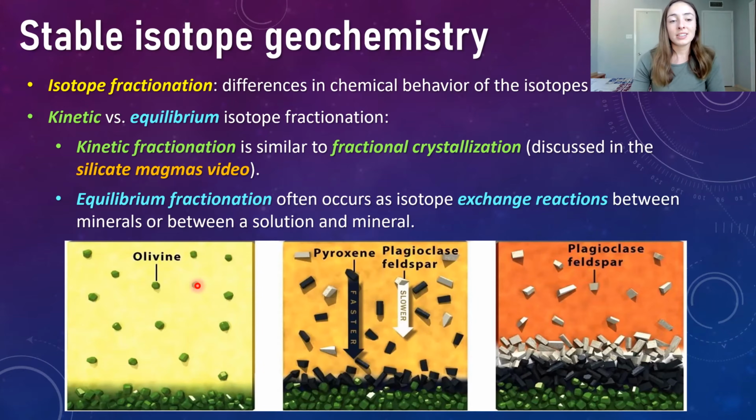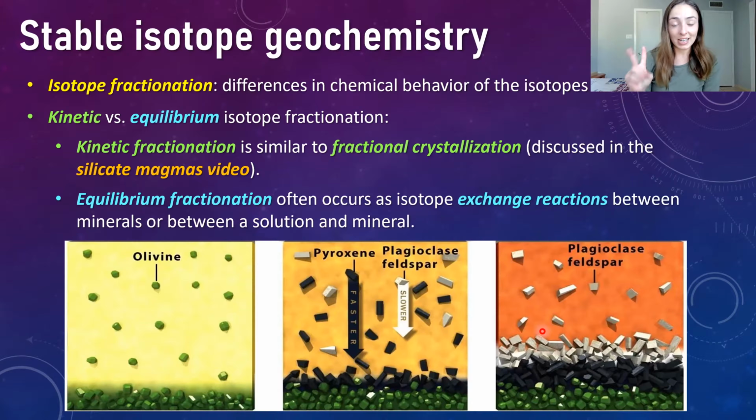And that's only because kinetically, lighter isotopes are faster in terms of diffusion, and they will crystallize sooner, and then those heavy isotopes are just slower, and this is all kinetic fractionation. You're going to end up with crystals that are enriched in very light isotopes and solution, or magma in this case, that is enriched in heavy isotopes.